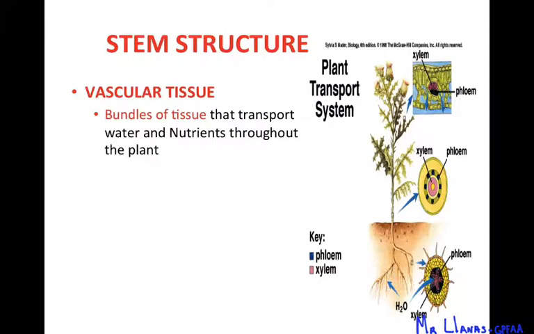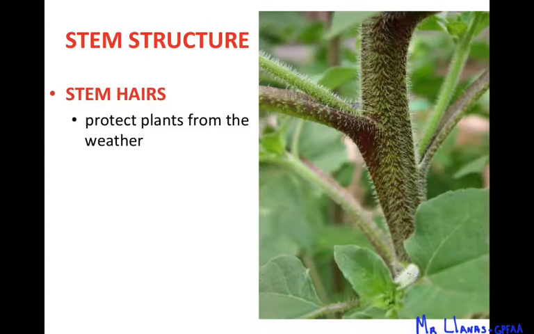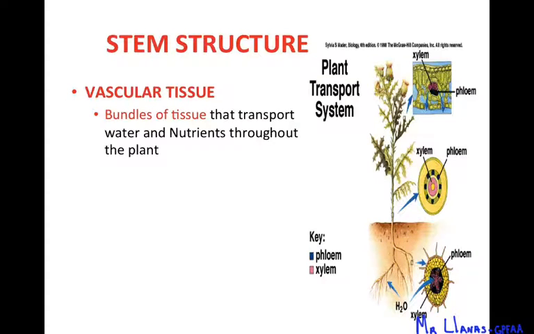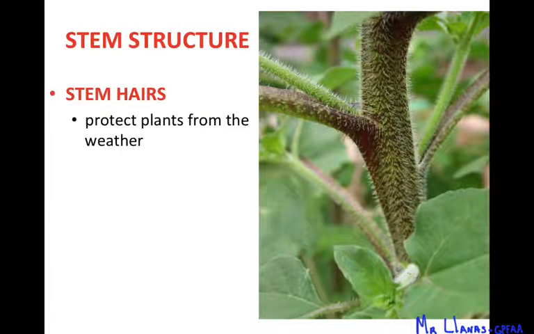Now there's also vascular tissue running through the stem, and that vascular tissue, those vascular bundles, are responsible for transporting all the nutrients and water throughout the plant. Okay, and we'll talk more about the vascular tissue later on, but that's its function, to transport nutrients and water wherever they need to go.